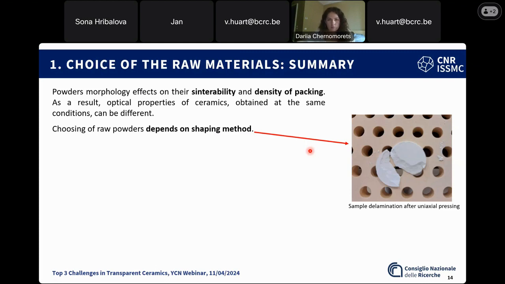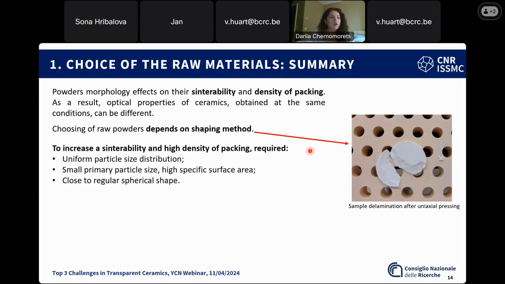So we are here again with this question, if it's necessary to use sintering aids. In general, I can say no, it's not necessary, because in literature it's possible to find information about obtaining transparent material without sintering aids. But it's not so easy to achieve high transparency in this way.